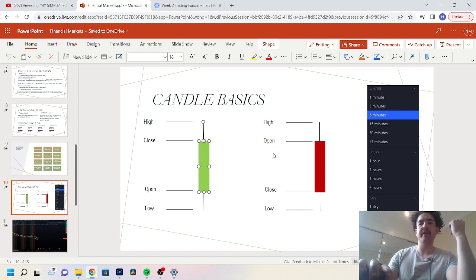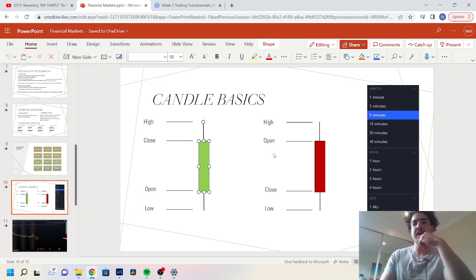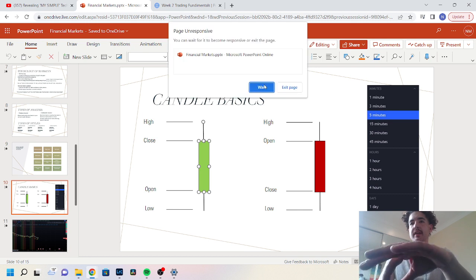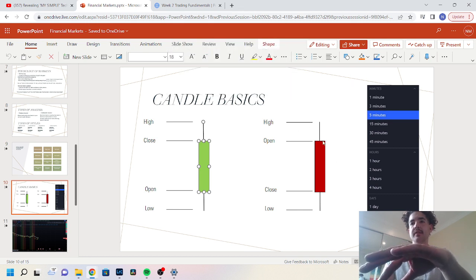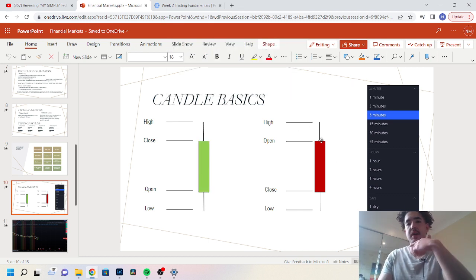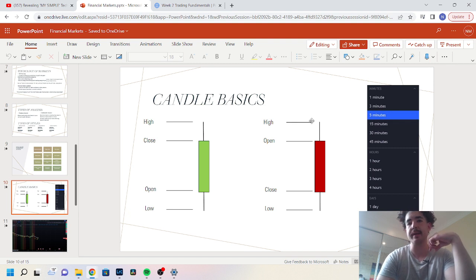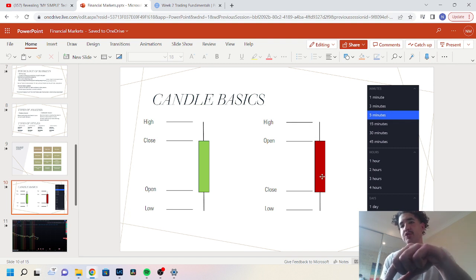For the bearish candle, same principle, but it's flipped, in reverse. It's opened at the top. It's pushed up, so it would have turned into a bullish candle, but then it's pushed all the way back down to a new low.